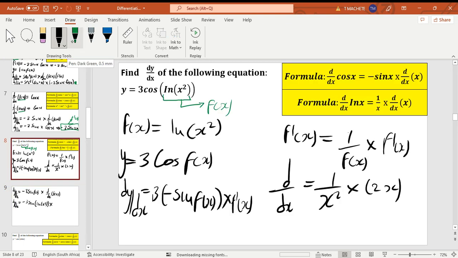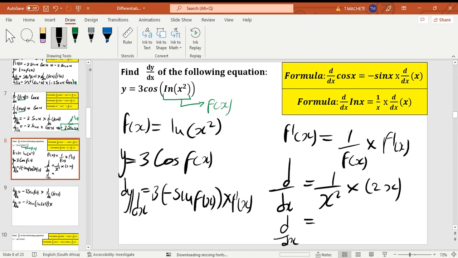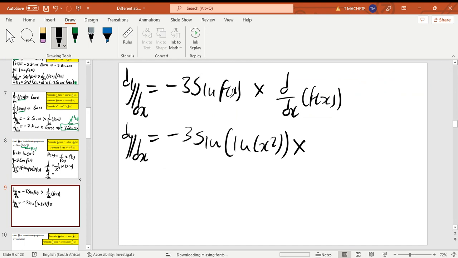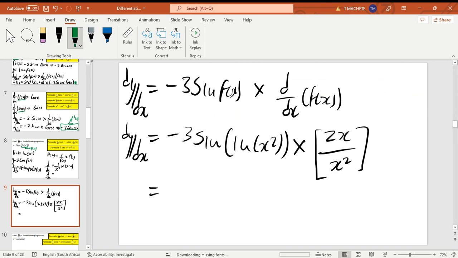So our d over dx of that is 2x over x squared. This you can simplify it further because you're dividing the parts of the same base. This part right here will give you 2 over x if you solve it.